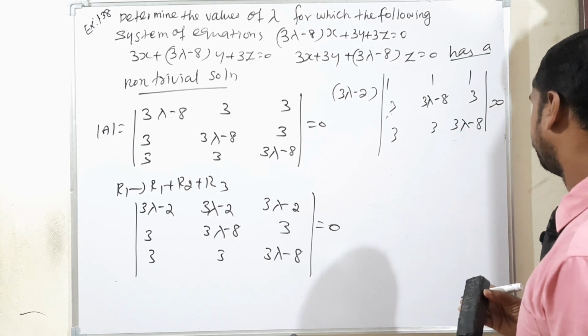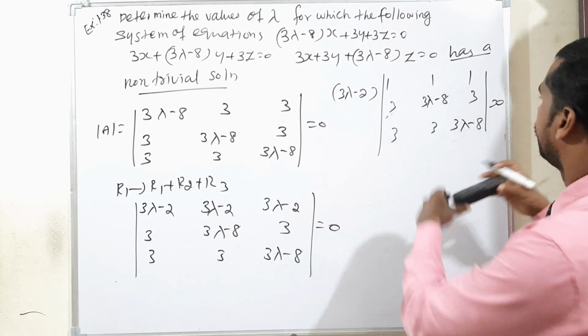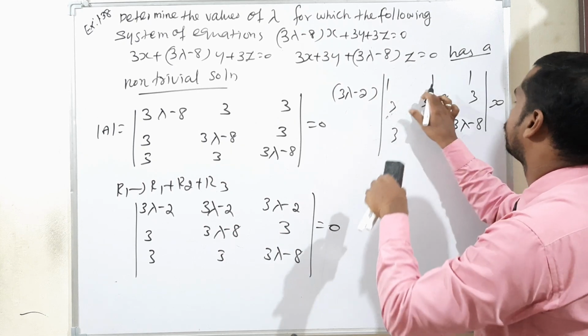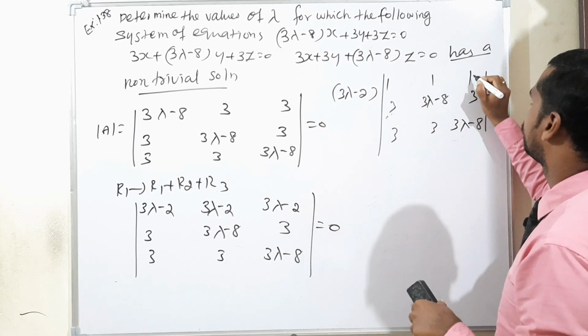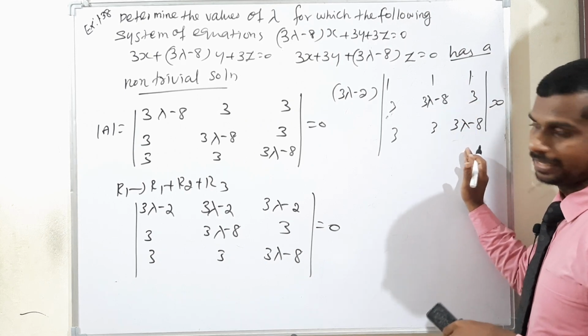Next, what do we have to do? If any one of the first two terms of a row becomes 0, then expanding along C3 will make it very easy to find the determinant.